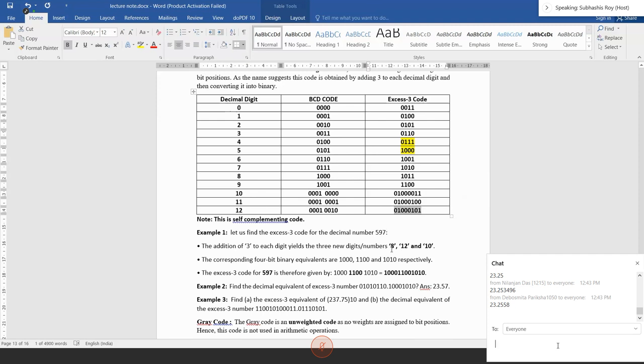So this is the given number, but 8 12 10 is not the given number. So 8 12 10 you can represent by this combination. Okay, don't confuse here. Understand? You get my point?